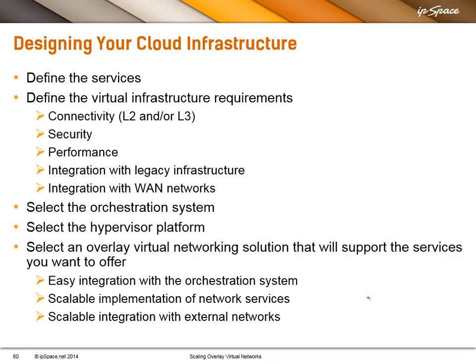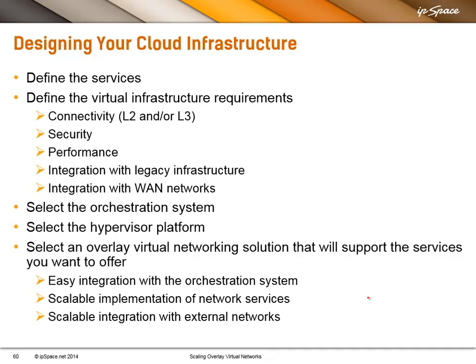Based on these requirements, you select the orchestration system that will support the services that you want to offer. Based on the orchestration system, you might be forced to select one or the other hypervisor platform. And based on those, you select an overlay virtual networking solution that will support the things that you want to offer. First, it should be easy to integrate with the orchestration system.